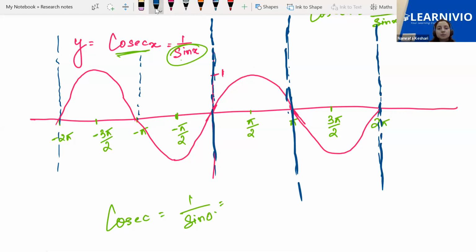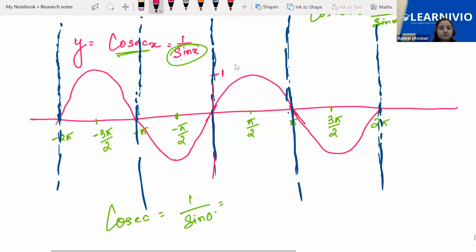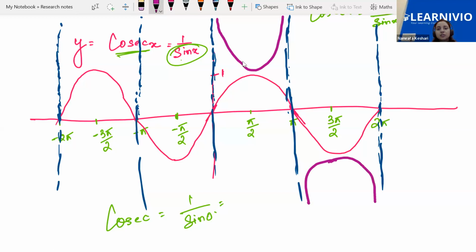The old type of structure you are seeing this way will just get reversed.